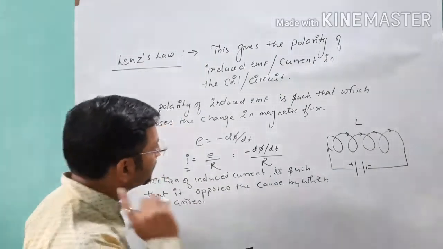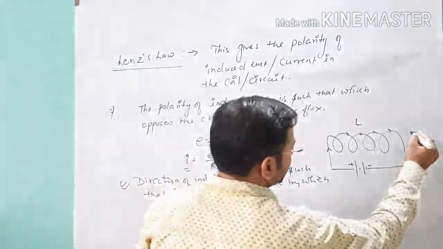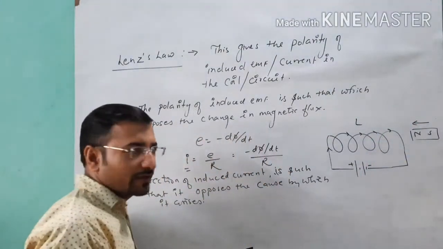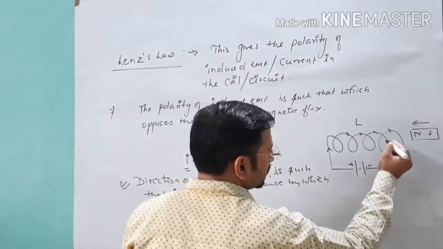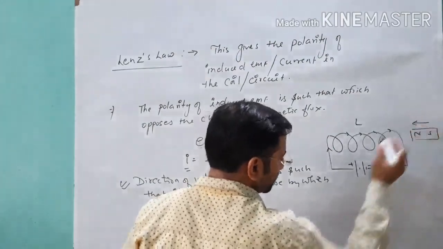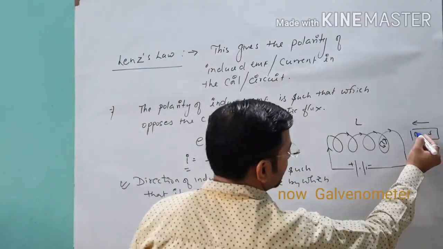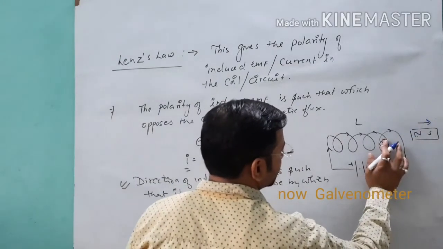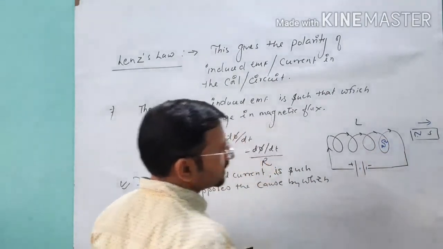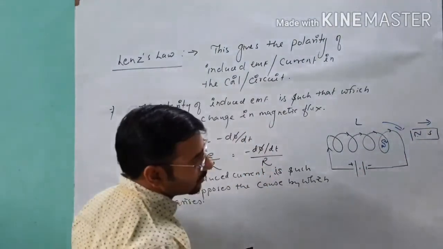And when we talk about the polarity of current in the given circuit, from the given diagram you can say that when the north pole comes near the coil, the face closer to the bar magnet acts as a like pole. When we move the magnet away from the coil, the polarity in the coil will be a south pole, meaning the direction of current at that time is anti-clockwise.